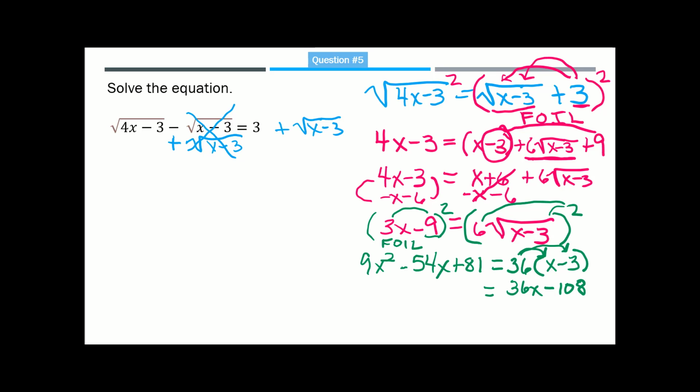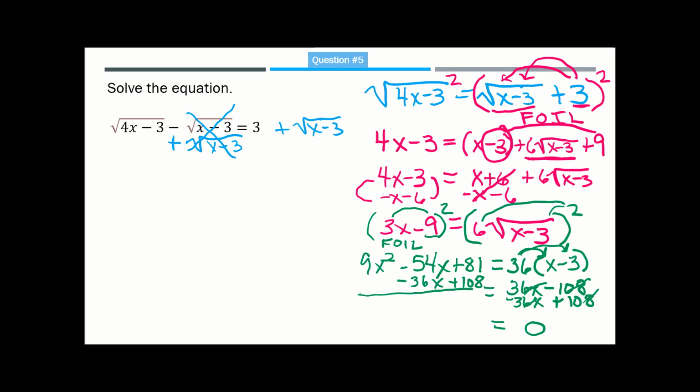Now I want to subtract 36x from both sides because I want the right-hand side to be 0, and I want to add 108. So those will cancel out and just give me 0 on the right. So remember, we subtracted 36x and we added 108.